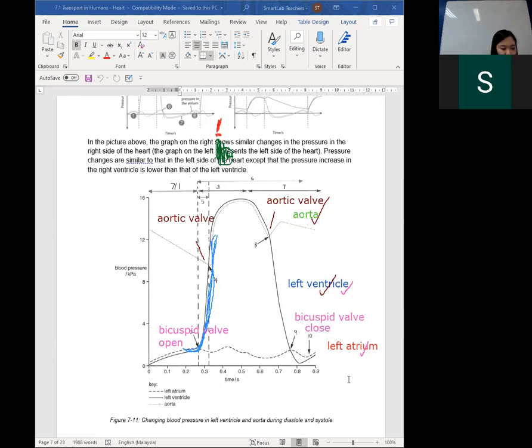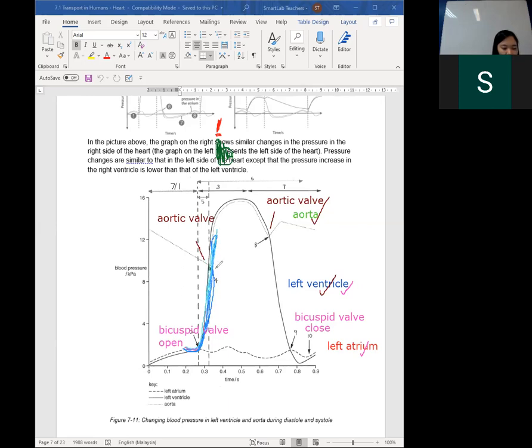Easy? And again, the pressure builds up where again? The pressure builds up in the ventricle, right? So here, we'll still continue with this argument. Pressure builds up here.